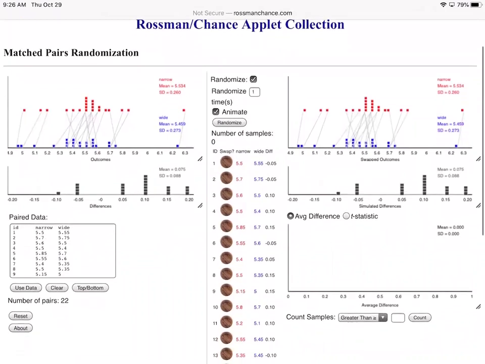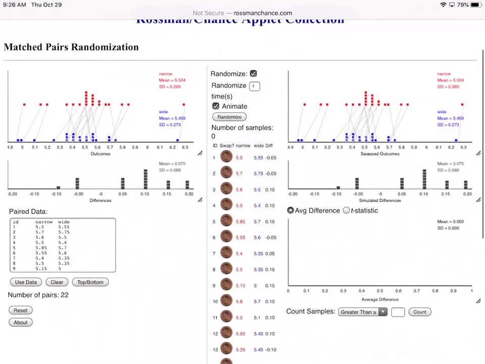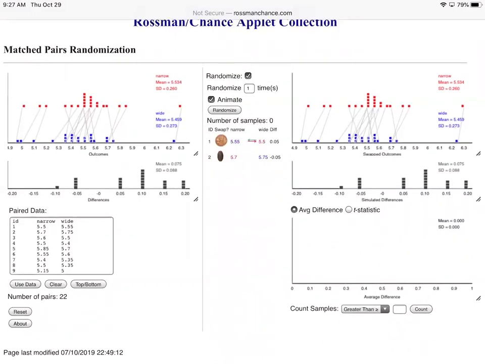And remember, we want to come up with a null distribution. What would happen by just random chance? All right. So remember, before when we did it, we flipped the coin, and if it came out heads, we swapped the signs of the differences, and if it came up tails, we did not. So let's do it one time and see what's happening. So I'm going to click randomize, and it's going to do it for each one.